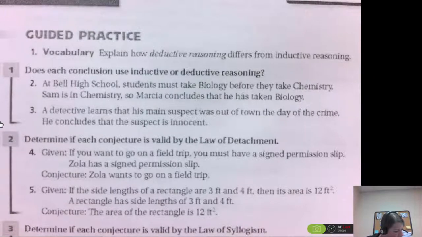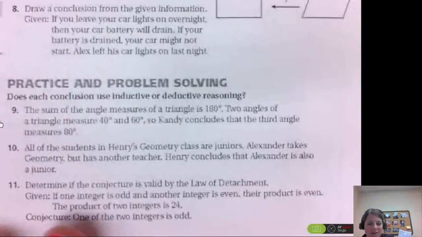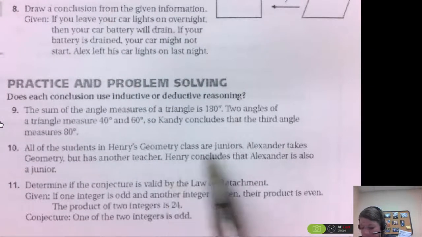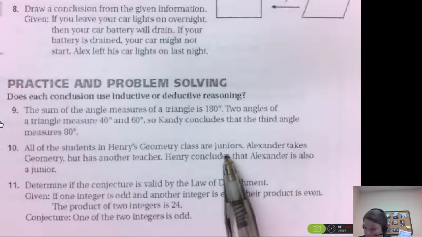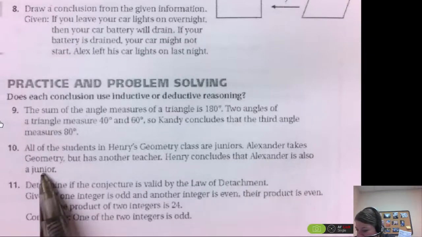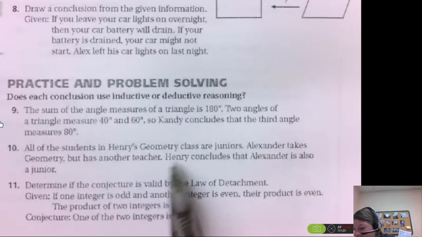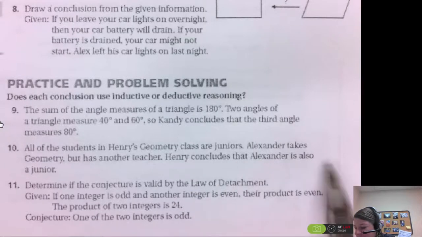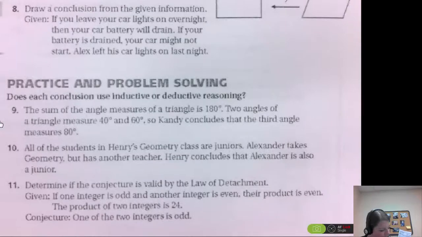All right, an example of inductive reasoning, I'm going to steal straight from your homework. All the students in Henry's geometry class are juniors. Alexander takes geometry but has another teacher. Henry concludes that Alexander is also a junior. That one is considered inductive reasoning.